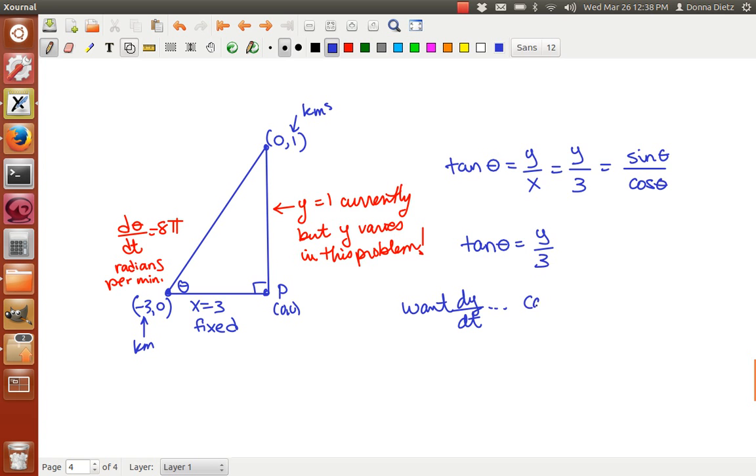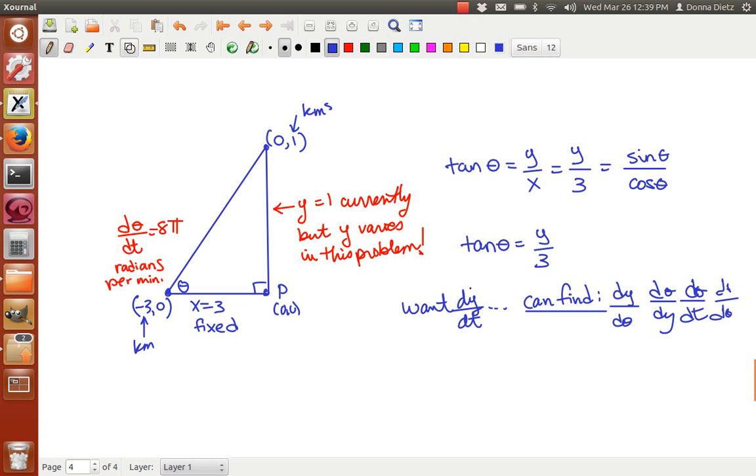We can find dy d theta, or you can flip it, d theta dy. Those are things we can find. And from the word problem, we know d theta dt in radians per minute. So this is information we need to make use of. Here's all the pieces. This is kind of like your word bank. These are the things we can find or calculate, and this is what we want.